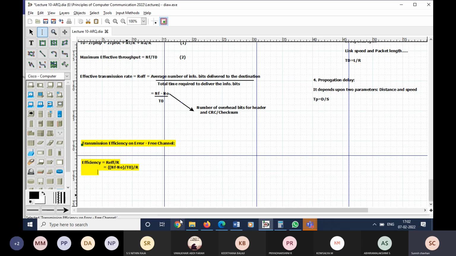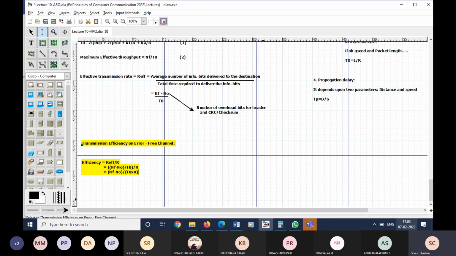If you arrange in the proper order, we will get NF minus N overhead divided by the total time taken to transmit a frame successfully, T0, into R, correct?